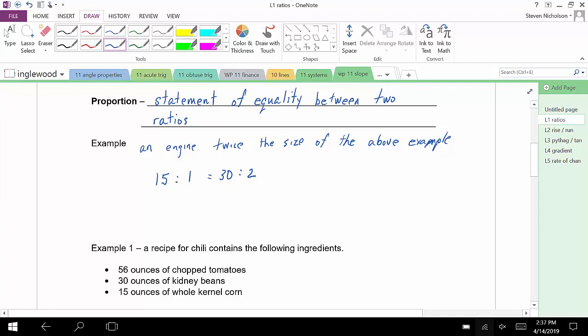So these are examples of ratios and proportions, and these are the kind of things we're going to have to be able to do in the unit as we move forward.